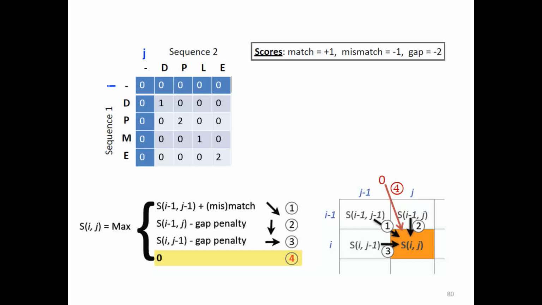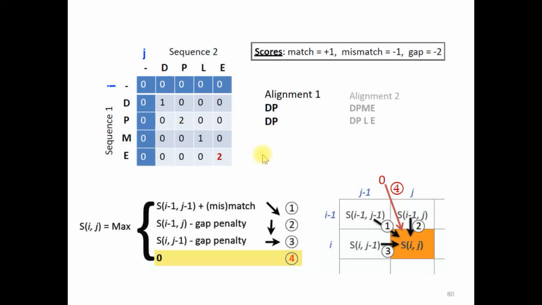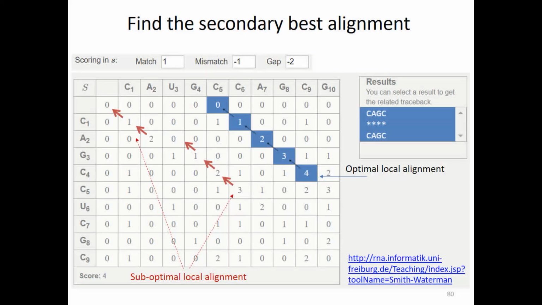We found there are two highest score nodes, 2 here and 2 here. Trace back, and we got the first alignment. Then trace the second highest score node back, and we got another alignment. We can see that the first alignment is a local alignment and the second alignment is a global alignment.